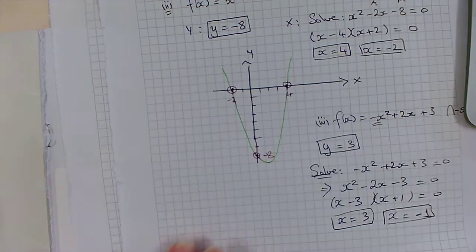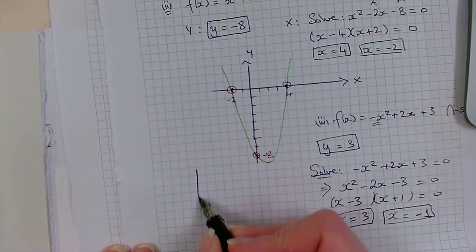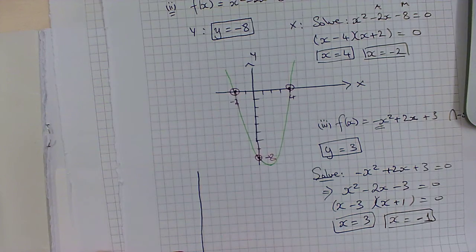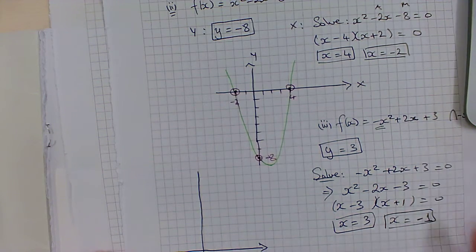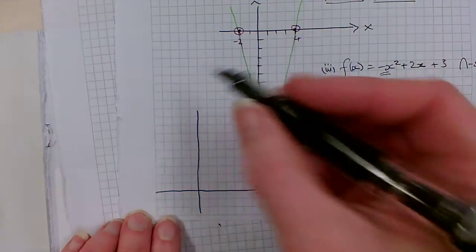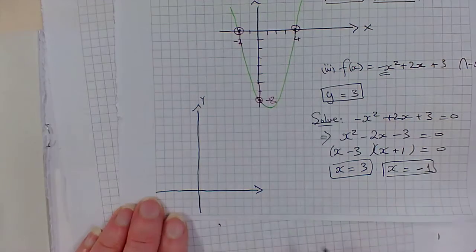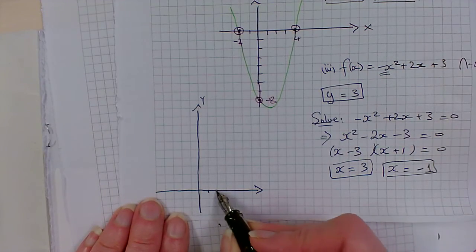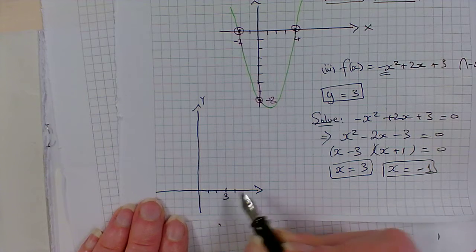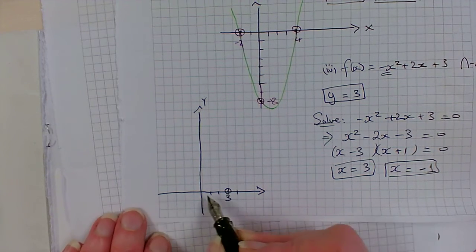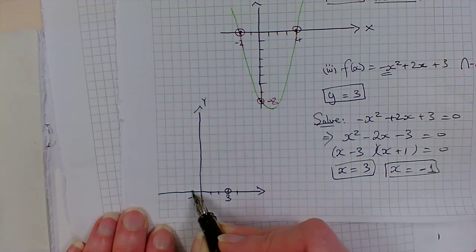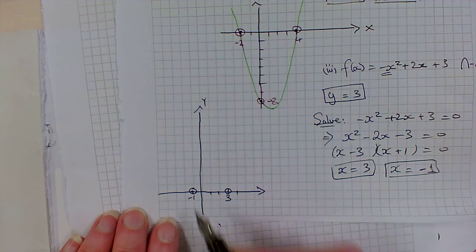And now I have my 3 points for plotting. I need to go up as far as 3 on my y-axis. I'm not even using a ruler here, but like we said, a rough sketch. So 1, 2, 3, and minus 1. A bit wobbly there.